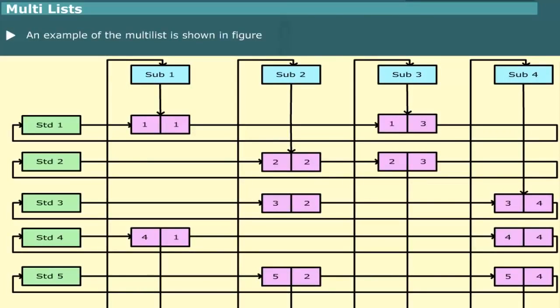The subject and student links are circular. The labels std1 and std2 and so forth are head pointers to student links to the subjects. Likewise, sub1 and sub2 and so forth are head pointers to subject links to the students.